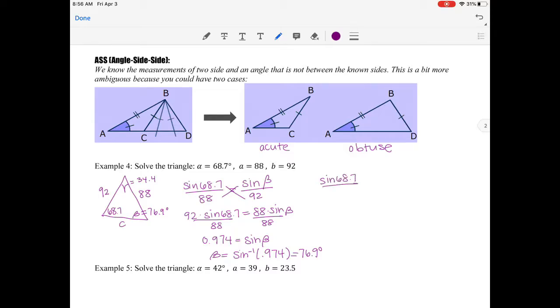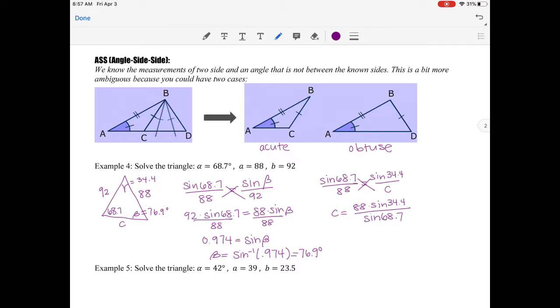So we would do sine of 68.7 all over 88 equals sine of 34.4 all over C. Do your cross multiplying, and you may start to recognize that C will equal 88 times sine of 34.4 all divided by sine of 68.7.